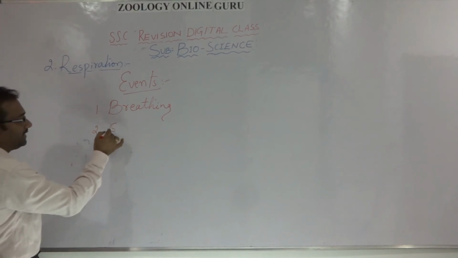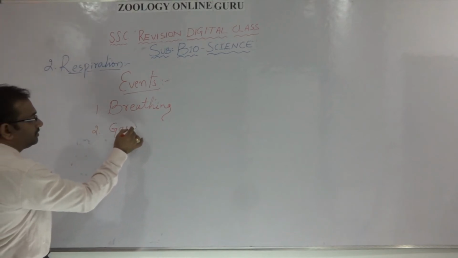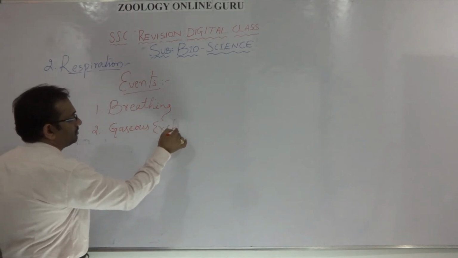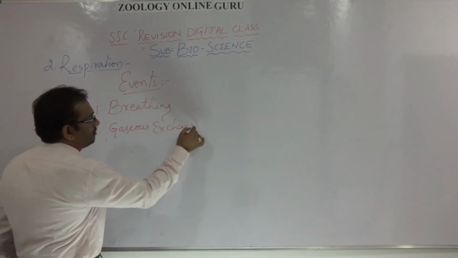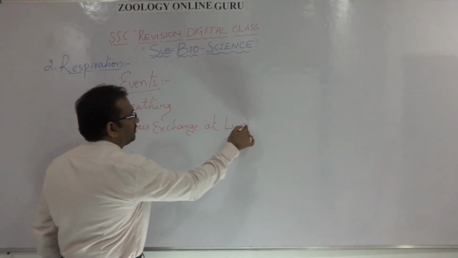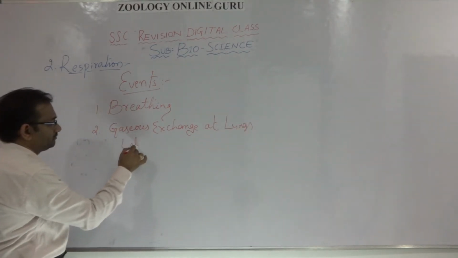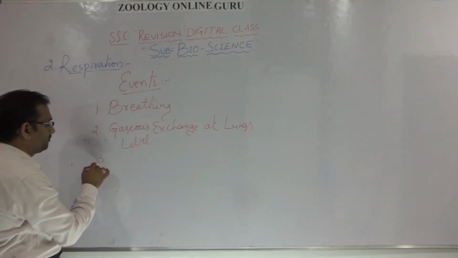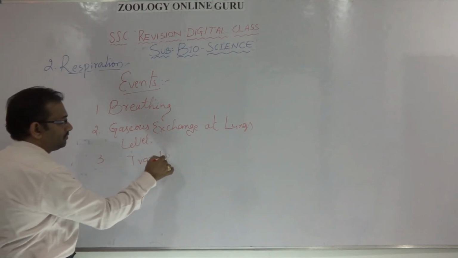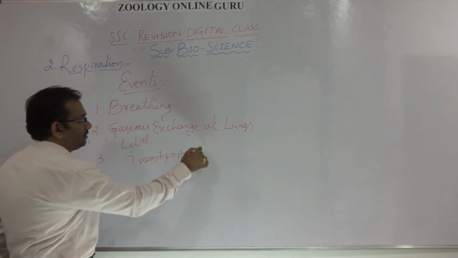Second one, gaseous exchange at lungs level. Third, transport in the blood.